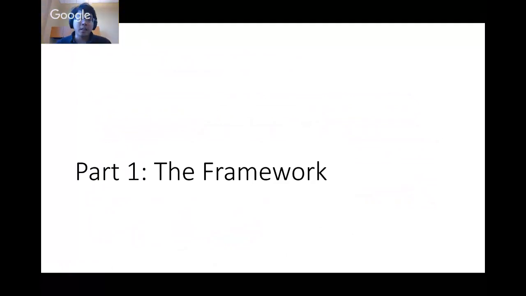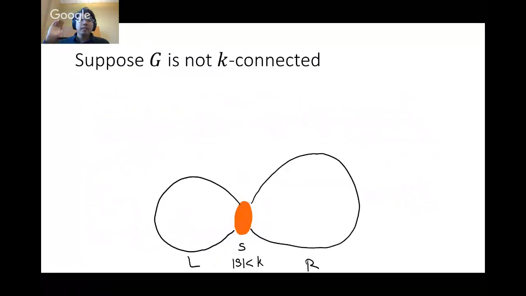Let's begin with the overall algorithm, our framework. So the goal is this. Suppose that you have a graph, and suppose that your graph is not K connected. That is, there exists a cut S, L, R such that S has size less than k.